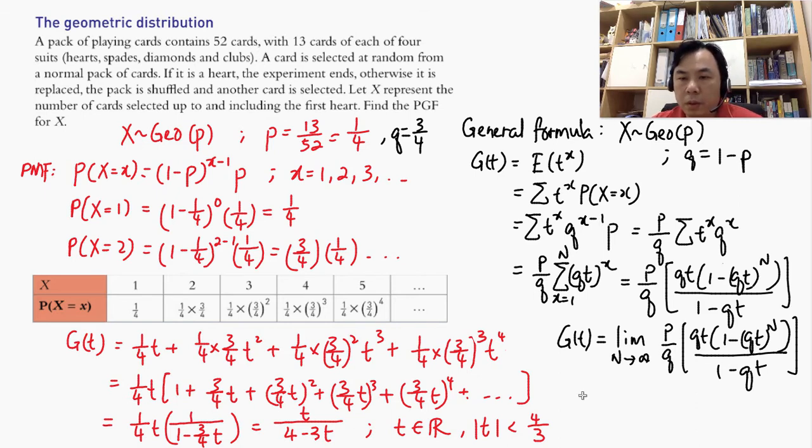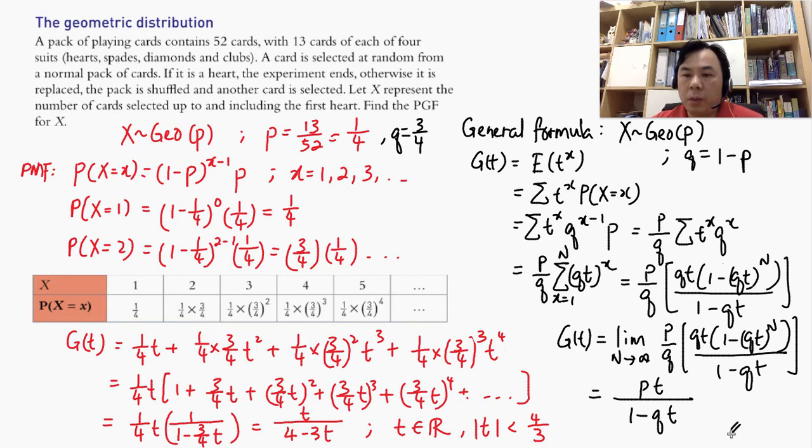Now from here, bear in mind for this geometric series, the qt must be less than 1. So therefore, (qt) to the power n will approach 0. And then by applying these limits, we will end up with pt over 1 minus qt.